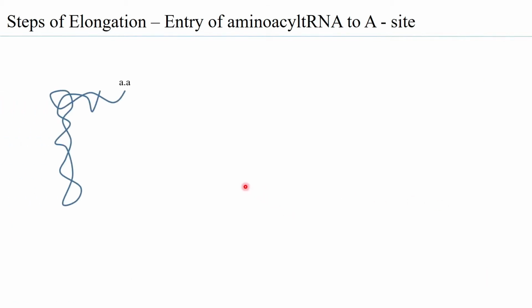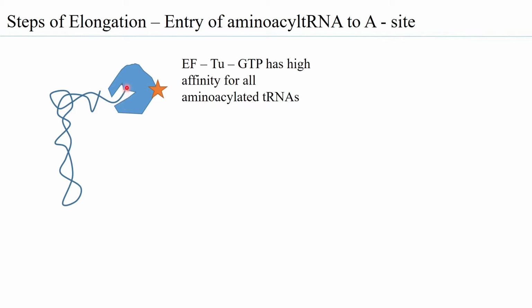So the understanding is that an amino acyl tRNA, at its 3' end where it is acylated with the amino acid, is bound by EFTU GTP. What has been observed is that EFTU has very high affinity for all amino acylated tRNAs.